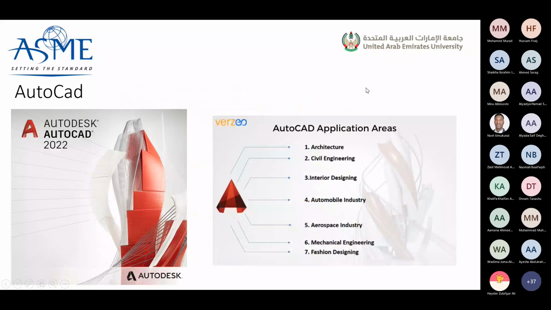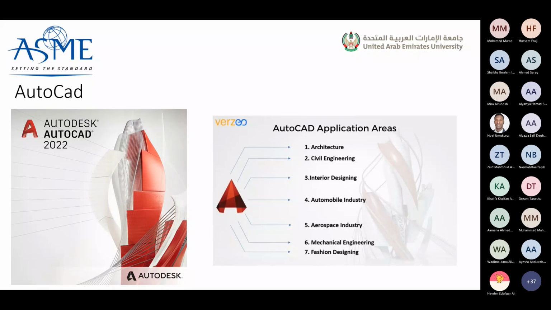So let's talk about AutoCAD. Today we will have a hands-on experience. I will start AutoCAD and show you some simple drawings. AutoCAD started in, I think, 1982 as well. The first versions were named AutoCAD 12 and AutoCAD 14.